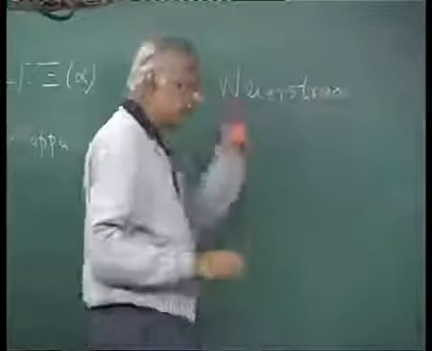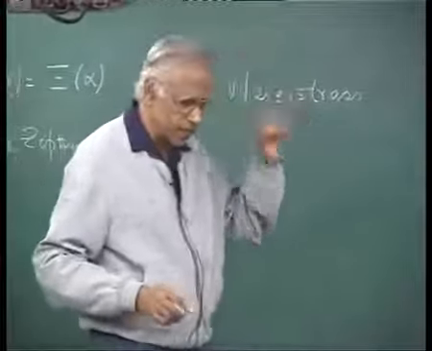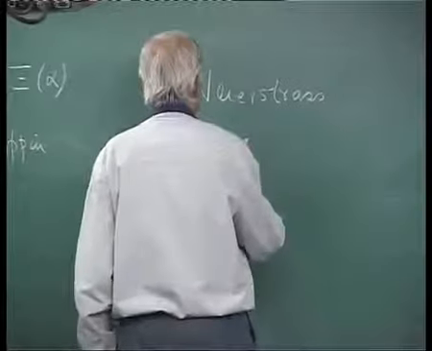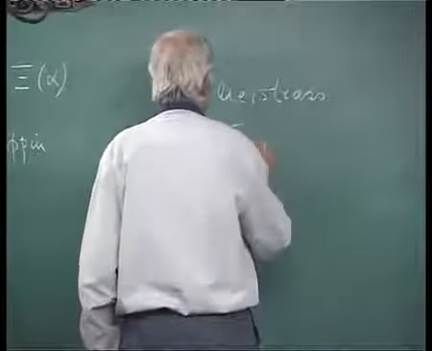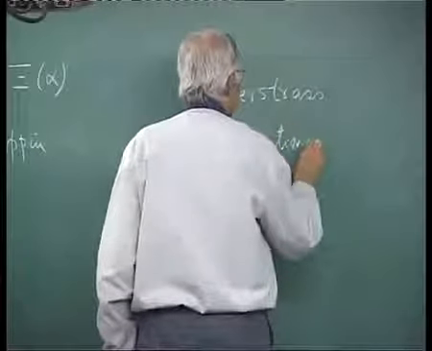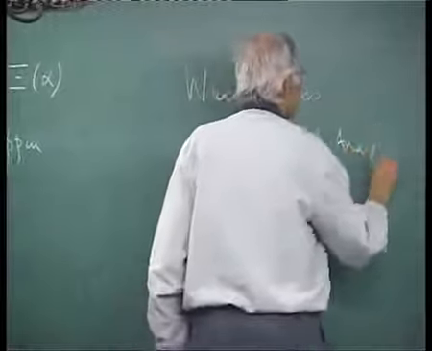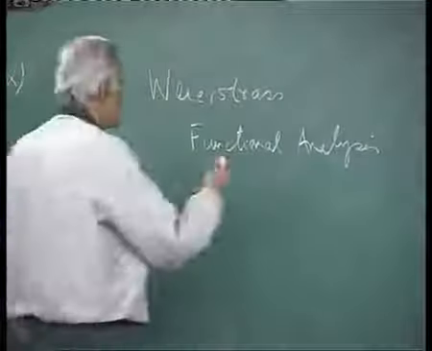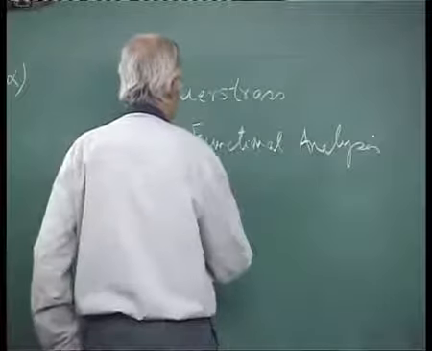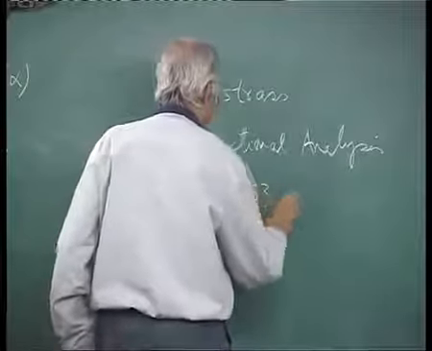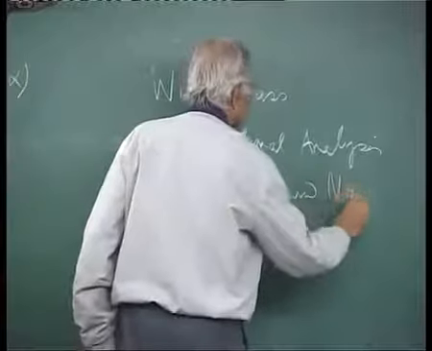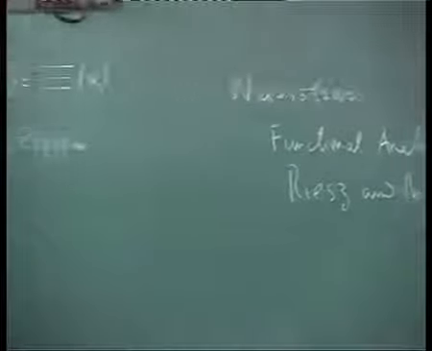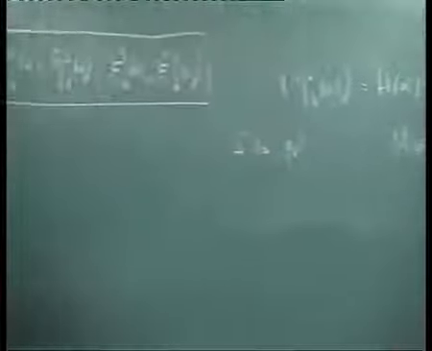And this Weierstrass construction of a function which is continuous everywhere but cannot be differentiated anywhere is in a very beautiful book. It's written in such a nice, easy style that even we can get an understanding of it. It's a classic book. The title, I think, is Functional Analysis by Riesz and Nagy.